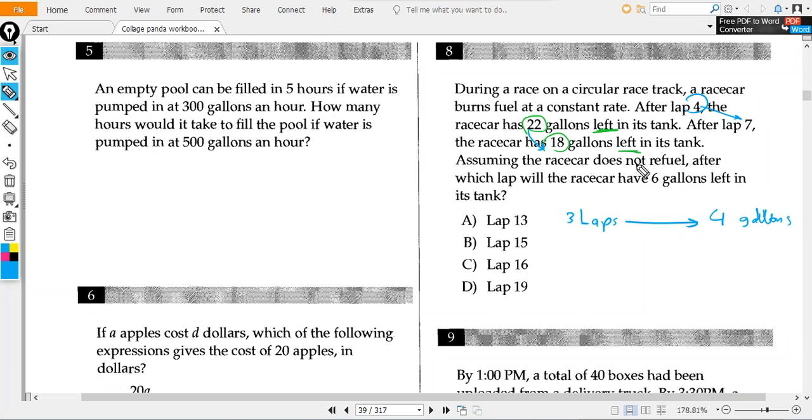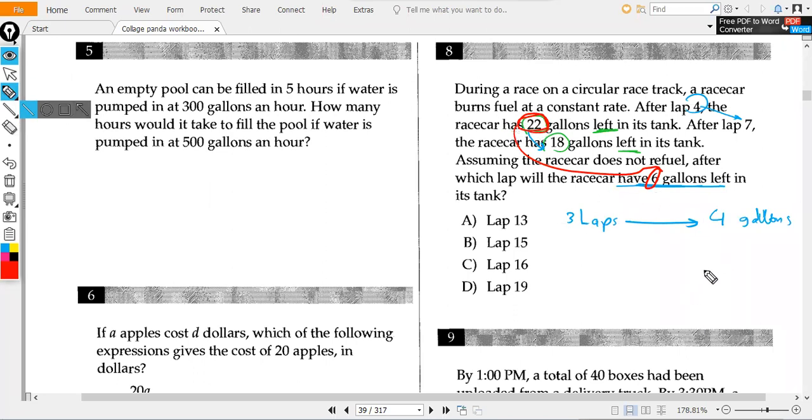Assuming the race car doesn't refuel, after which lap will the race car have 6 gallons left in its tank? Now, from 22, the original, to 6 gallons, how many gallons were burned? 16.